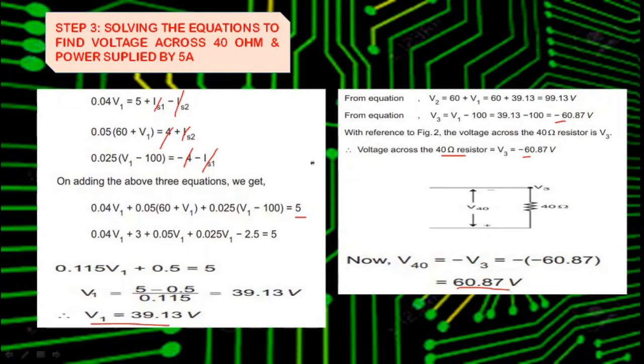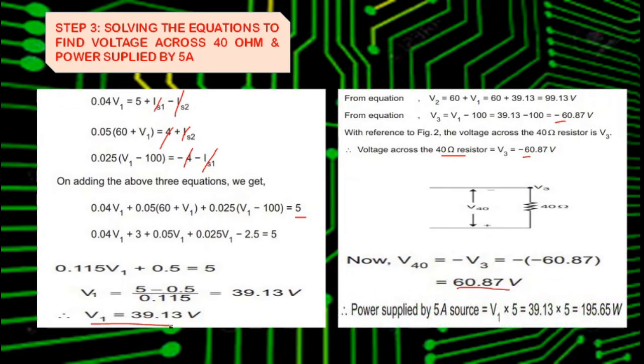So now we have found one part of the problem. The second part is the power supplied by the 5 amp source. Power has various formulas. Since this power is supplied by a 5 amp source, in the sense the current value is given, I am going to use the formula P is equal to V into I. As you can see here, this 5 amp source is connected to the node V1.